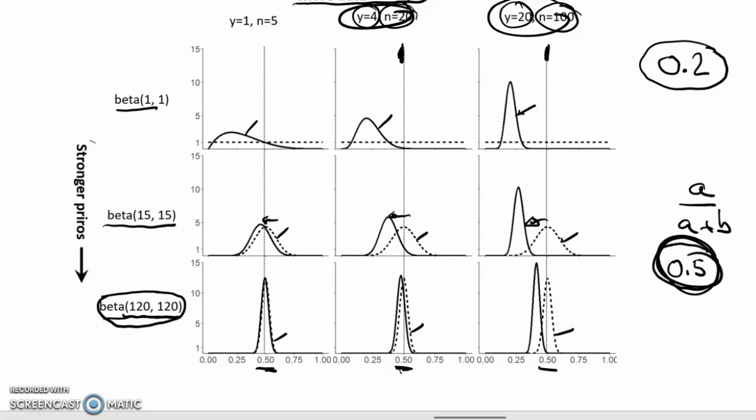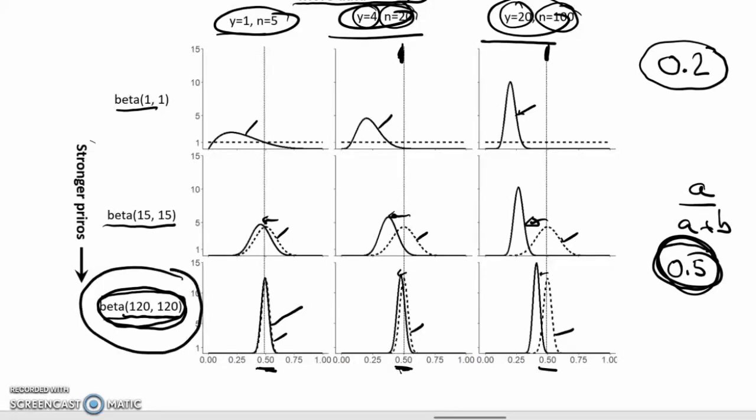When we've got very little data with a prior that is this strong, our posterior is going to be essentially the same as the prior. With increasingly large amounts of data, we're going to get bigger shifts, but with a prior that is this strong, even with a large amount of data, even with n is equal to 100, we're not going to get very much of a shift.